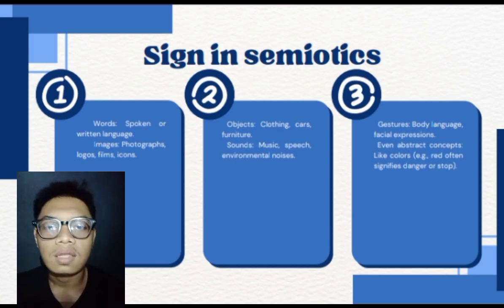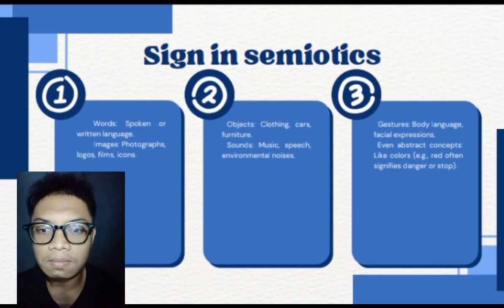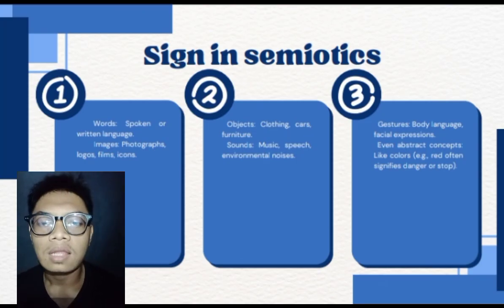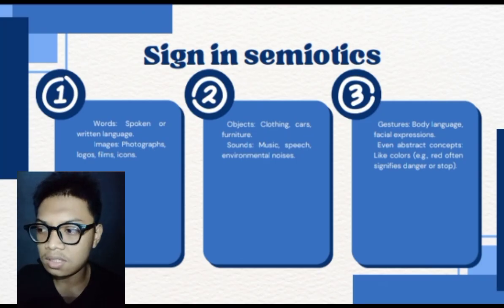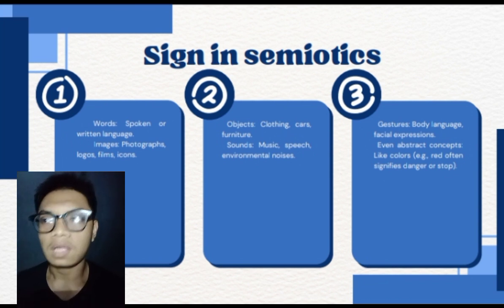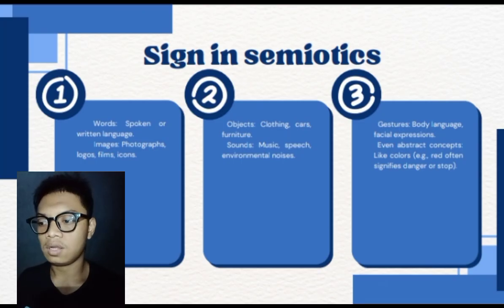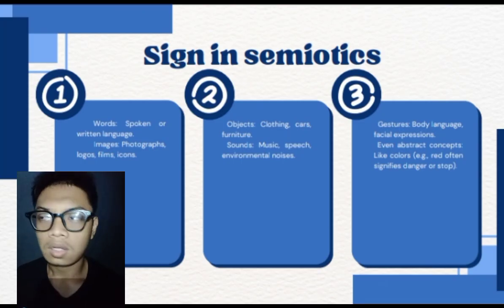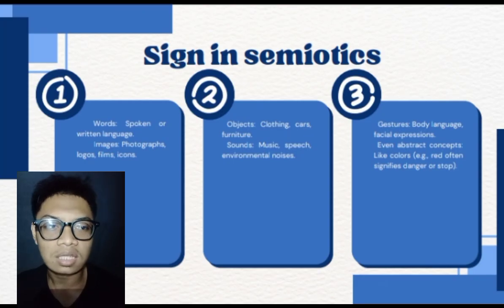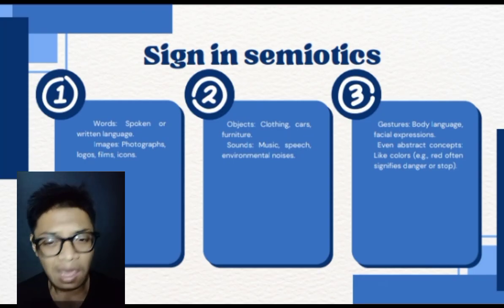Let me give you an example from real life. Let's say you see someone wearing all black clothes, standing quietly at a cemetery. What do you think is happening?